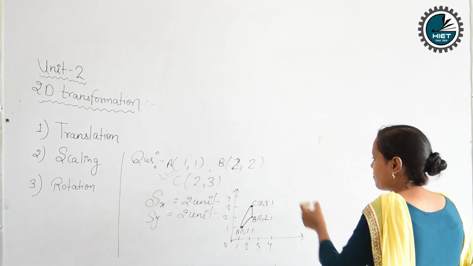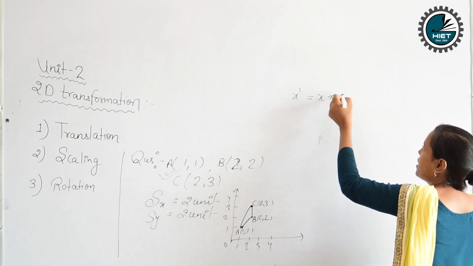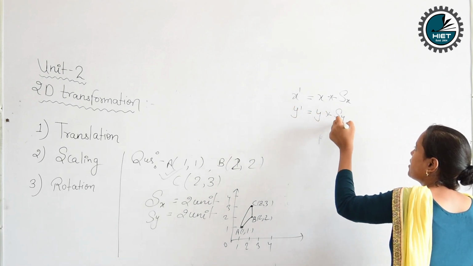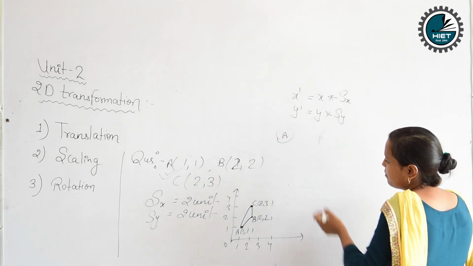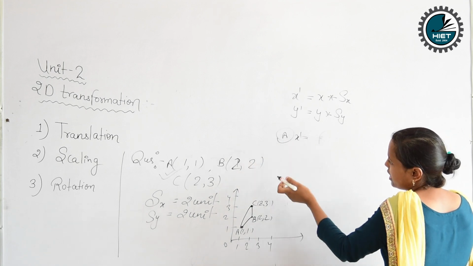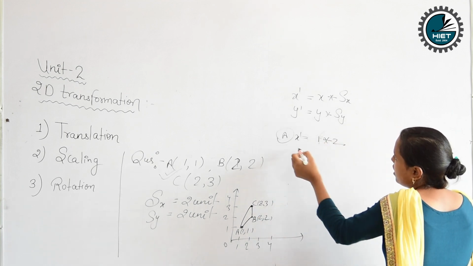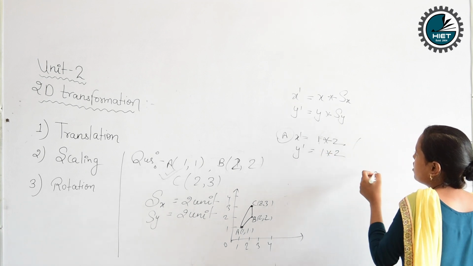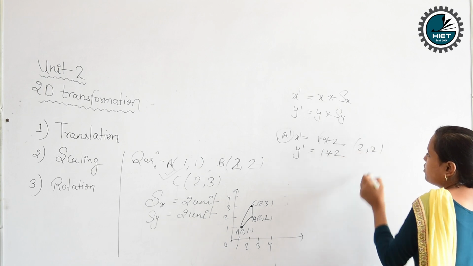After scaling, x dash equals x multiplied by the scaling factor along the x-axis, and y dash equals y multiplied by the scaling factor along the y-axis. For point A, x dash equals old x 1 multiplied by 2, and y dash equals old y 1 multiplied by 2. So the new coordinate of A dash is 2 comma 2.